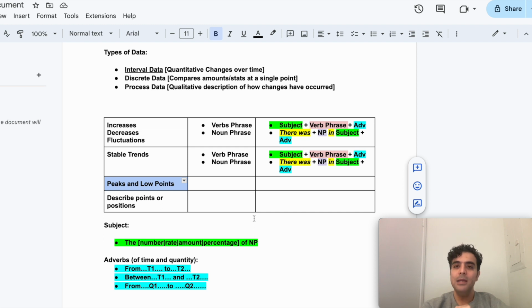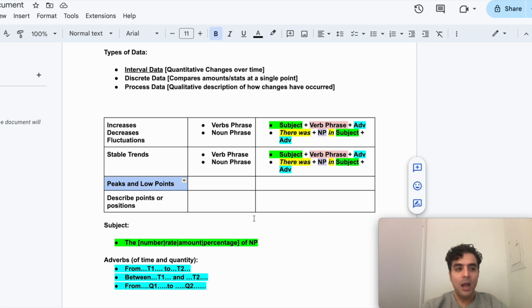So a peak is a point which is higher than any other point for that variable. And a low point is the exact opposite. It is the lowest amount that a variable reaches relative to all previous and subsequent points that have been reached, right? So it's the lowest point, essentially.